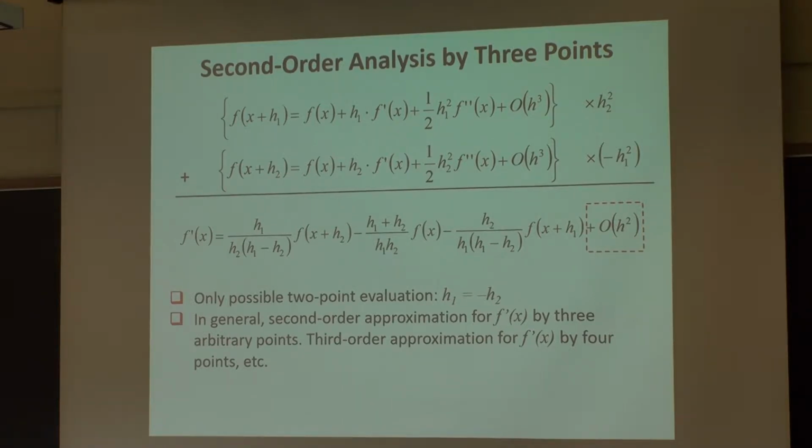And you can see the previous second order term by the central difference is nothing but a special case, right? When your h1 is equal to minus h2, in this formula that term is cancelled. So that's just a special case. And you can see that's the only special case. The only special case for second order approximation knowing only 2 points is the central difference, when these terms just happen to cancel each other.